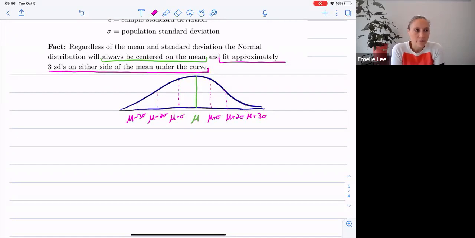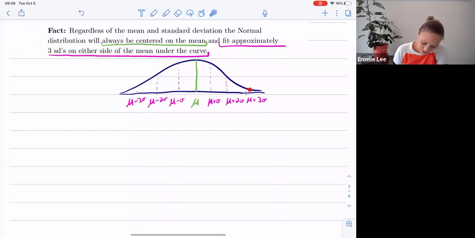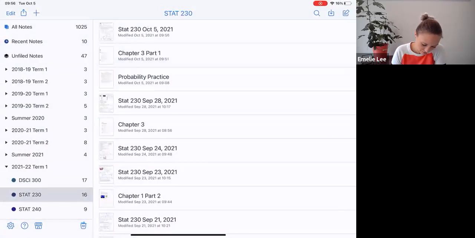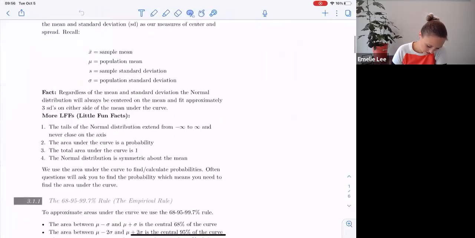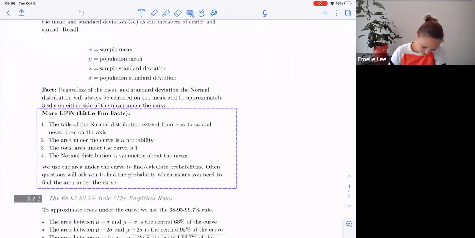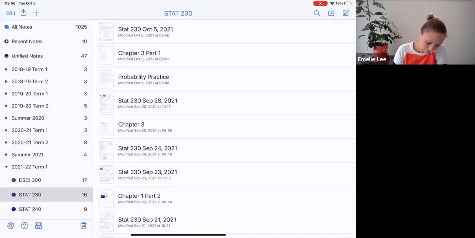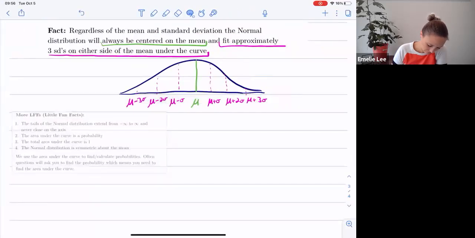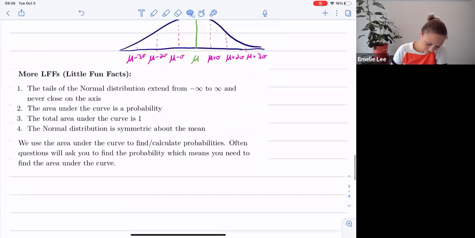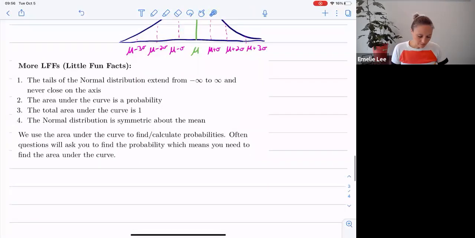So there is more room in the tails, and I'm going to bring in that list of little fun facts. The little fun facts, LFFs, I like to call them.